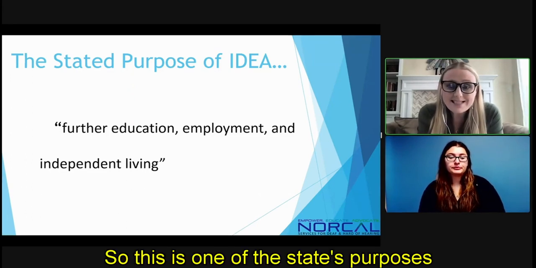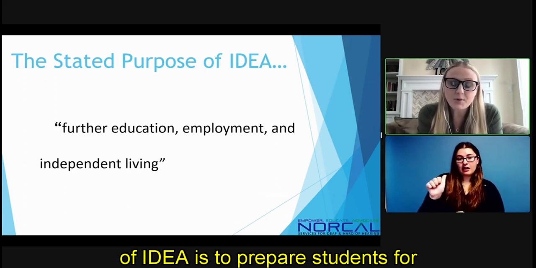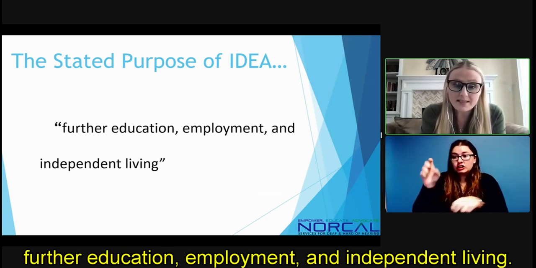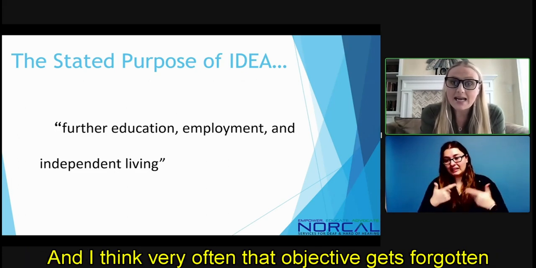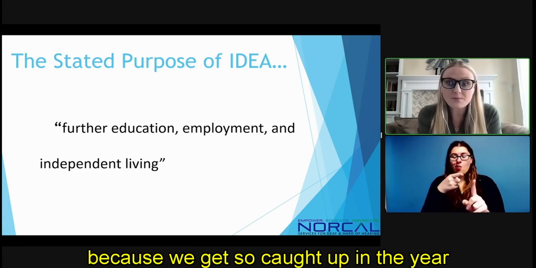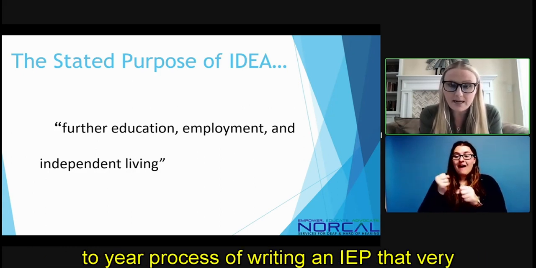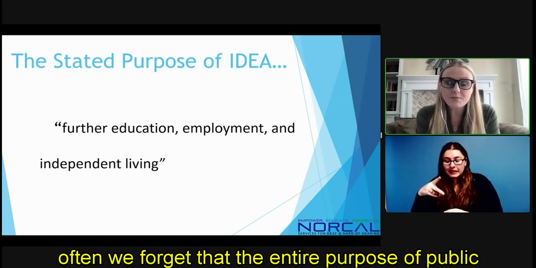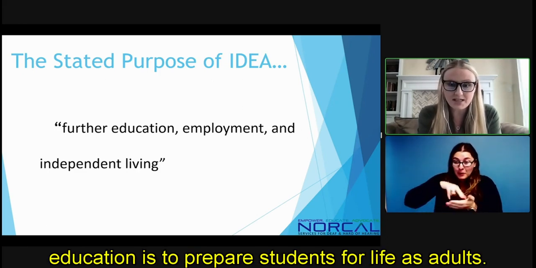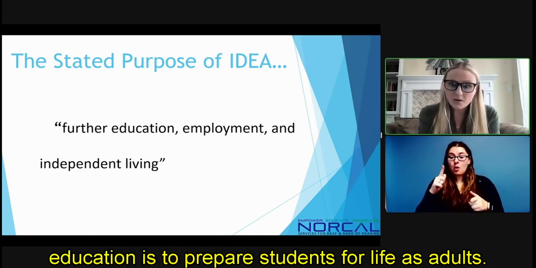So one of the stated purposes of IDEA is to prepare students for further education, employment, and independent living. And I think very often that objective gets forgotten because we get so caught up in the year-to-year process of writing an IEP that we forget that the entire purpose of public education is to prepare students for life as adults.